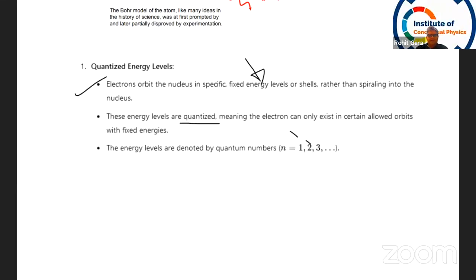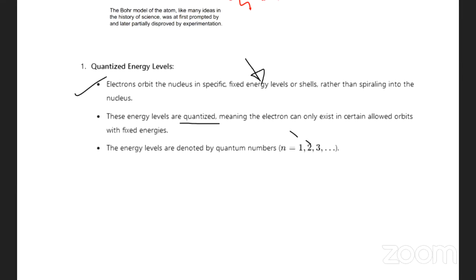Second key feature is the concept of electron transition, which means the electron jumps from one orbit to another. Which means, and what gets emitted if you go from a higher energy to lower energy, is the photon.